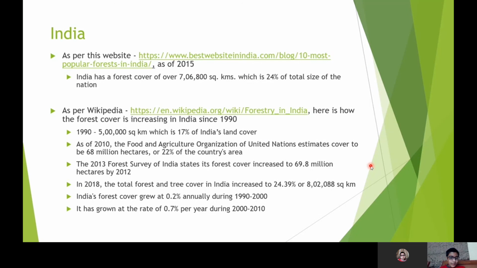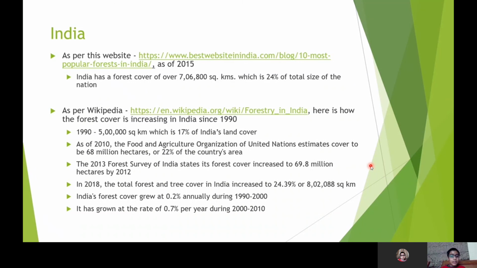In 2018, the total forest and tree cover in India increased to 24.39%, or 8 lakh 2088 square kilometers.